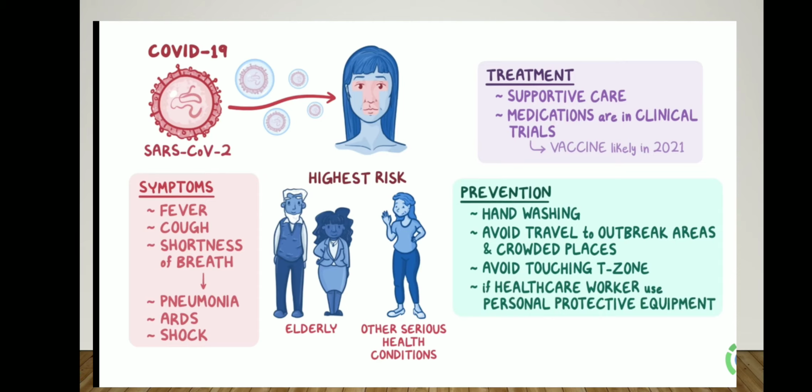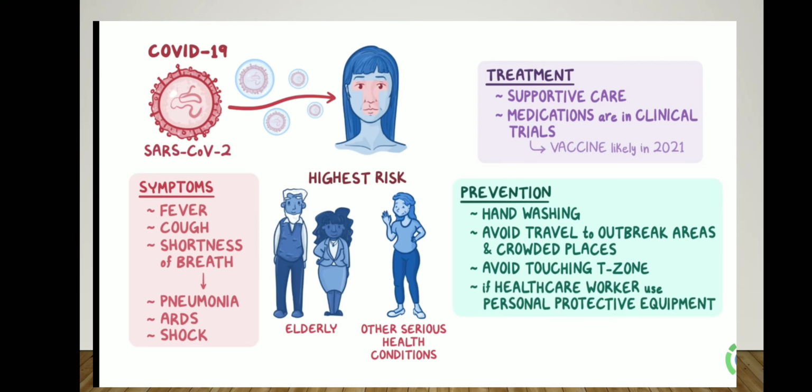It is more prone to affect immunocompromised patients who have less immunity to fight the disease, like those with diabetes mellitus, hypertension, coronary artery diseases, and elderly patients.